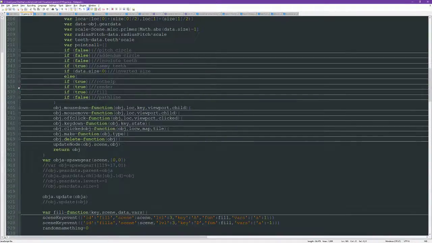Oh yeah, because it's our spokes, which is in this thing.